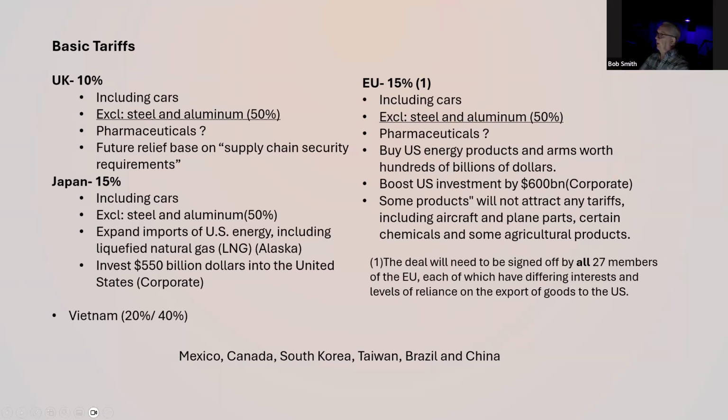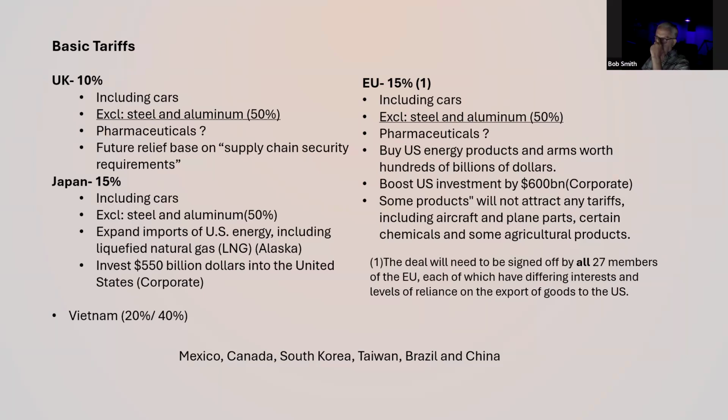Pharmaceuticals are a question mark because what they have set down depends on supply chain security requirements, which the US has stated in these agreements. And the supply chain security requirements have not been defined.